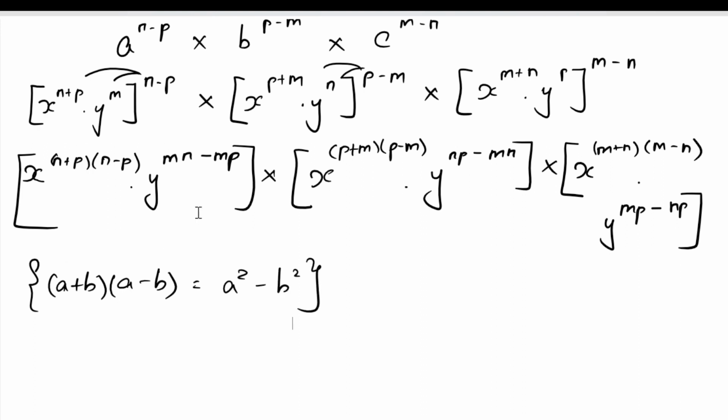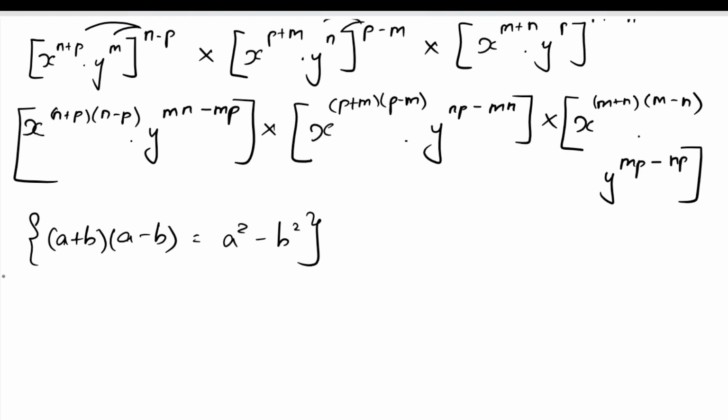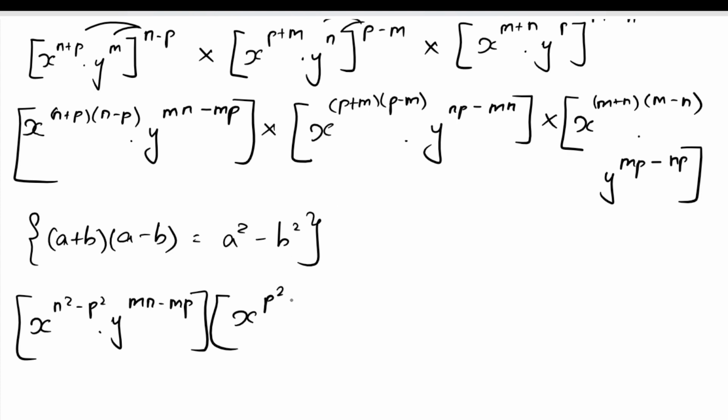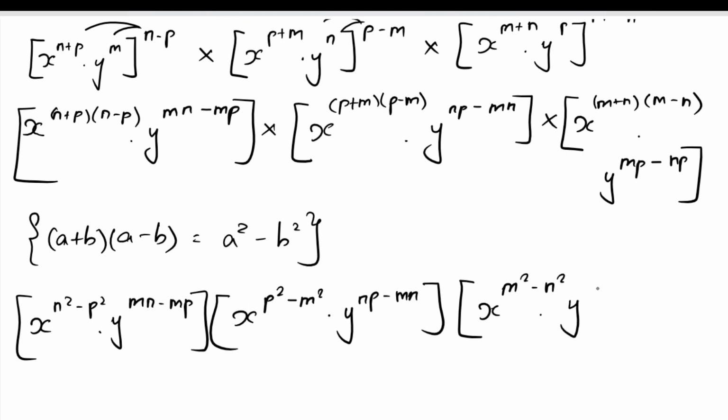So applying this formula to the powers that x has, we'll get here x to the power n square minus p square into y to the power mn minus mp, into x to the power, here p plus m and p minus m, so we'll get p square minus m square, into y to the power np minus mn, and here x to the power m plus n and m minus n, I'll get m square minus n square into y to the power mp minus np.